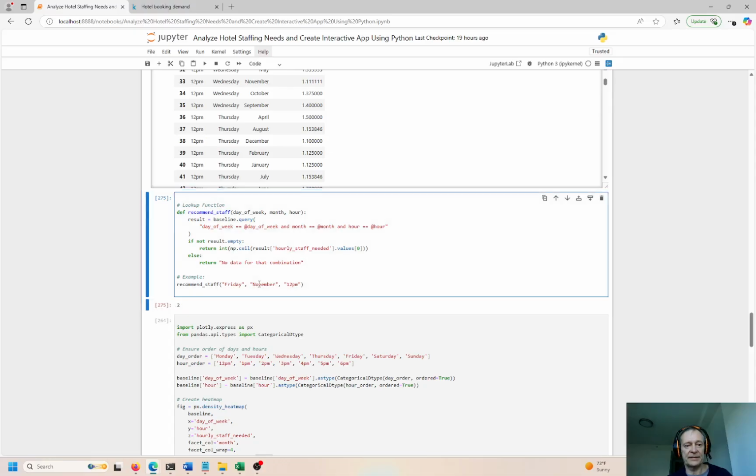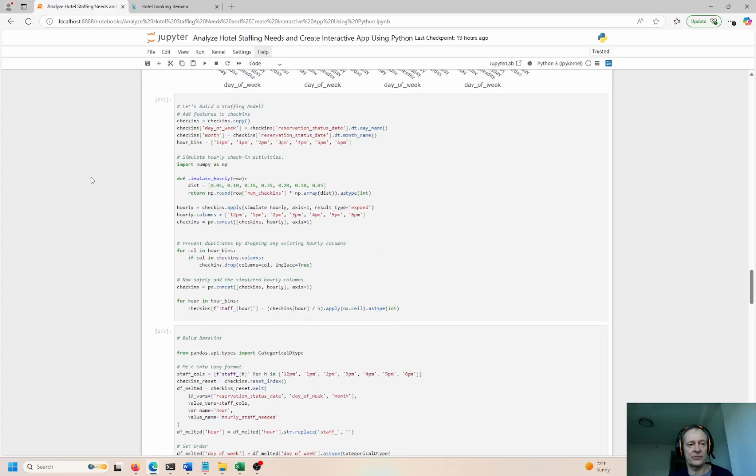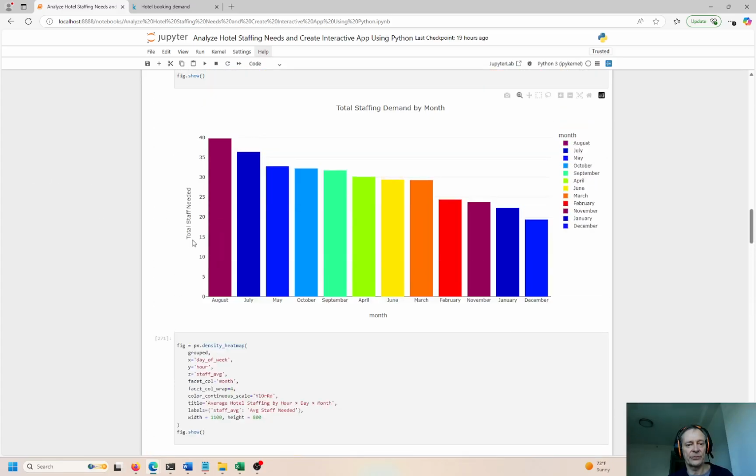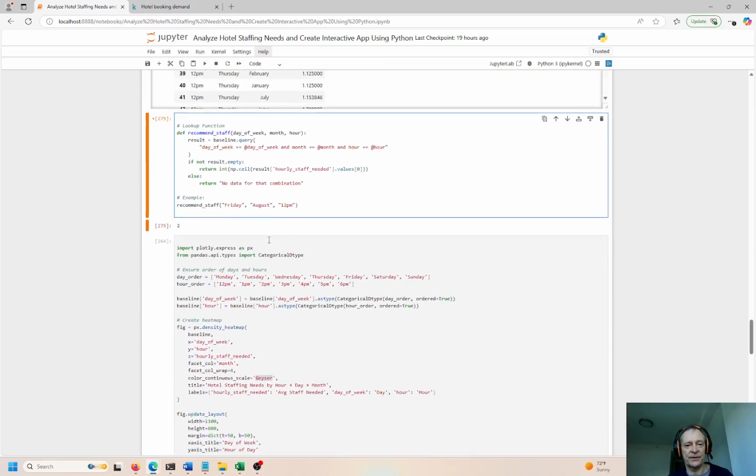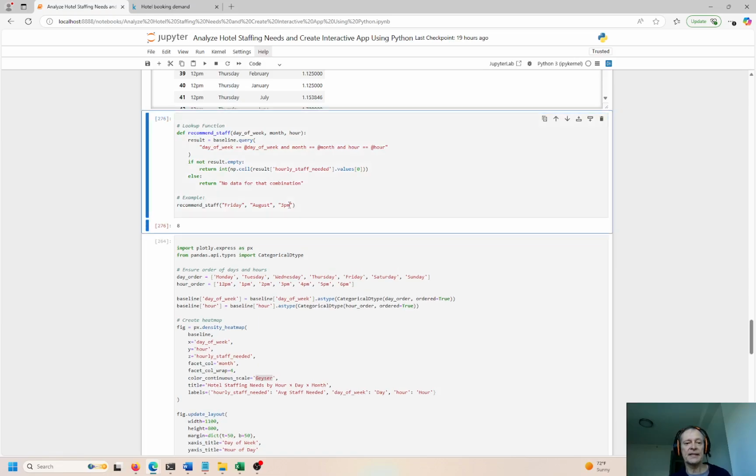And remember, August was the biggest month. So if you change to that, and we know that 3 p.m. is higher demand for check-ins, and Control Enter to run the cell, now you need 8 people to staff up the hotel. You need 8 people for check-ins.